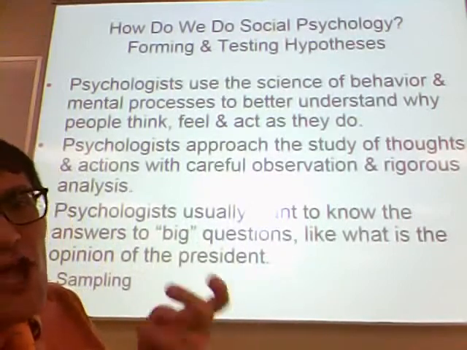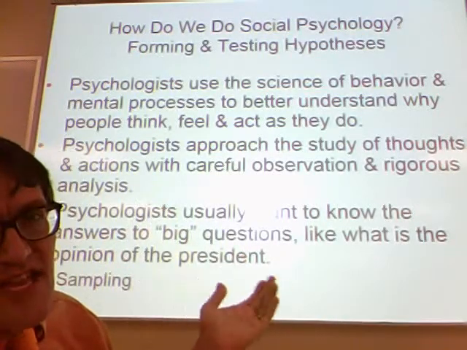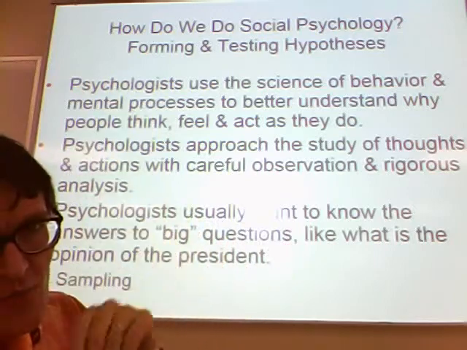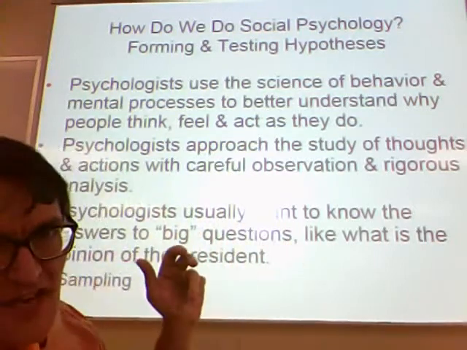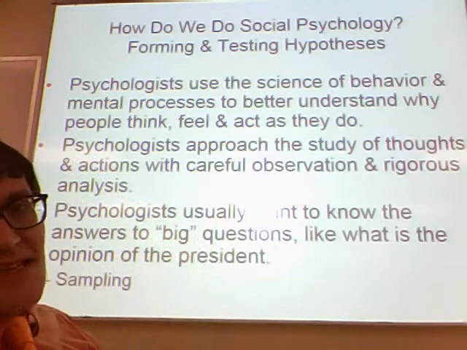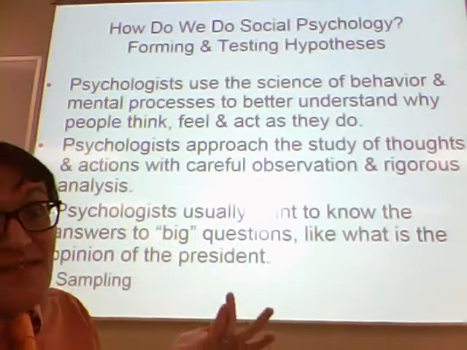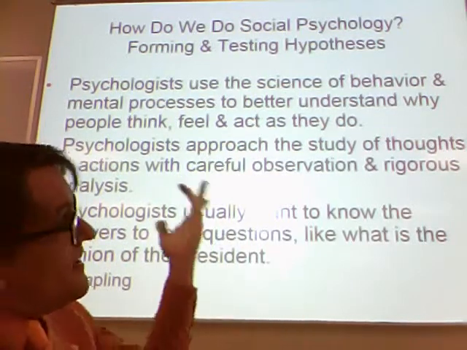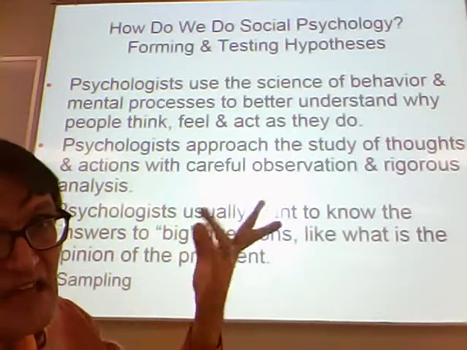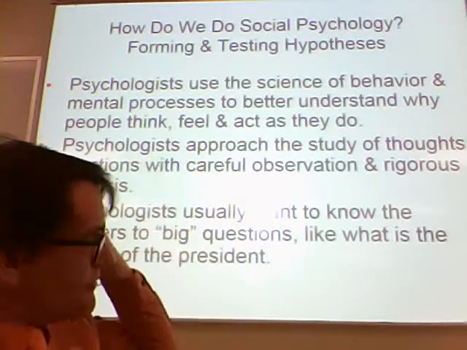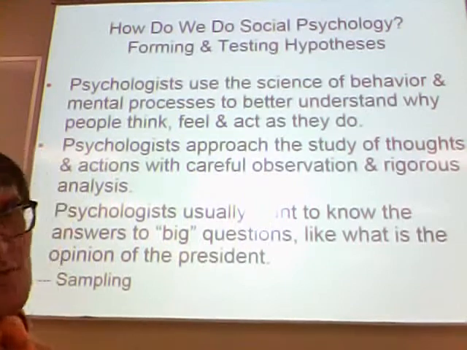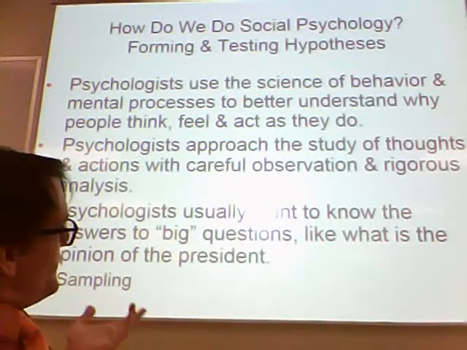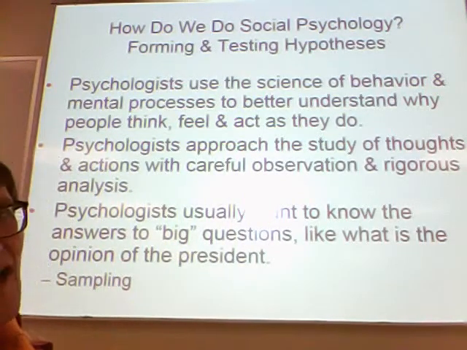In a perfect world, you would look at every single person in the United States, get their opinion on a scale of 1 to 10, and then average every single one of these Americans. But that's not feasible. It's probably not even possible because some Americans are living overseas and you can't find them.